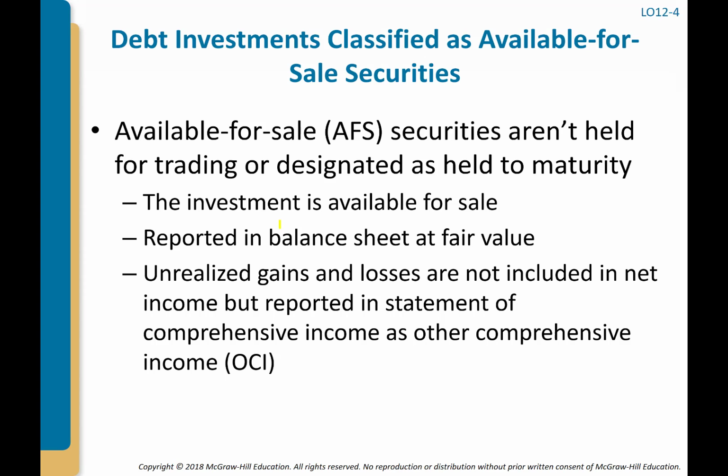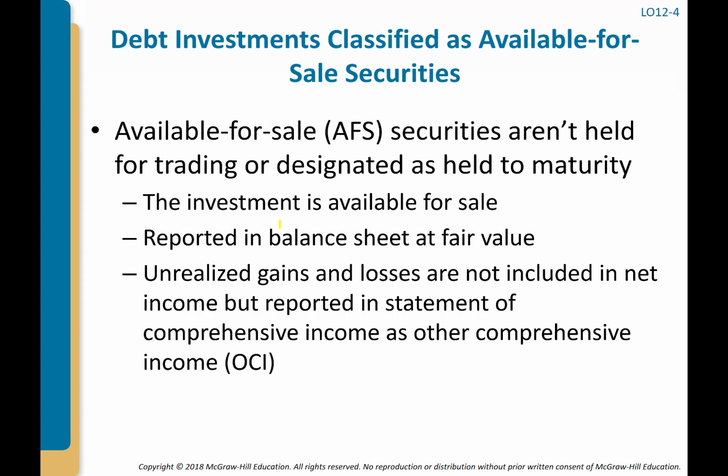We will mark to market each period, using this valuation security account, the way they have the fair value adjustment account in the example. The big difference is that unrealized holding gains and losses are not part of my net income. They are part of my other comprehensive income.